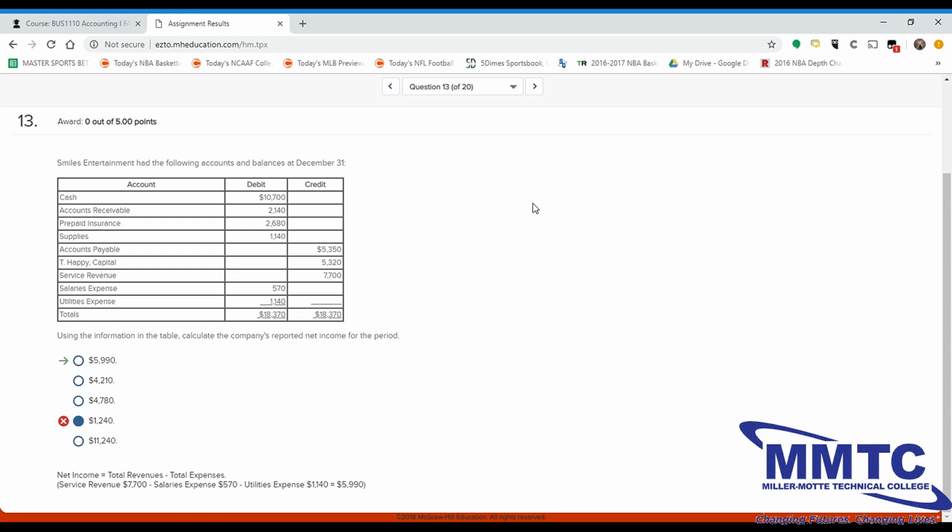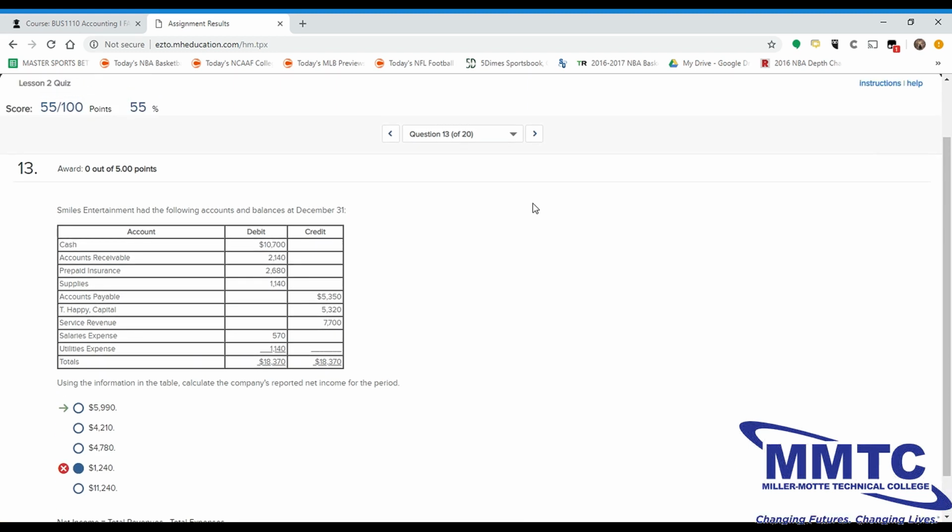What was that one? This one, we probably start choosing stuff. Okay, so let's do this one. Net income. Okay, so net income is just what? Revenues minus expenses. So I'll let you, Mr. Coates, give me the numbers. You tell me which numbers go, which numbers stay. So we're going to do all our revenues first, right?